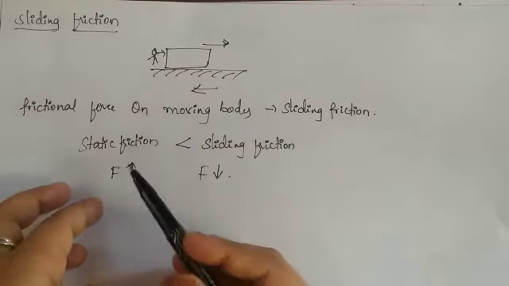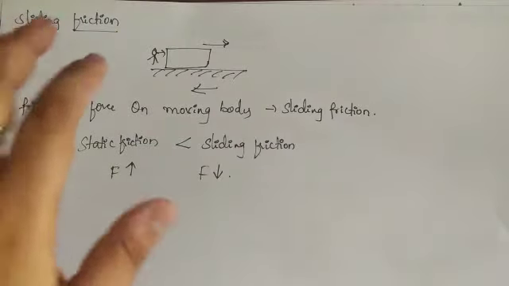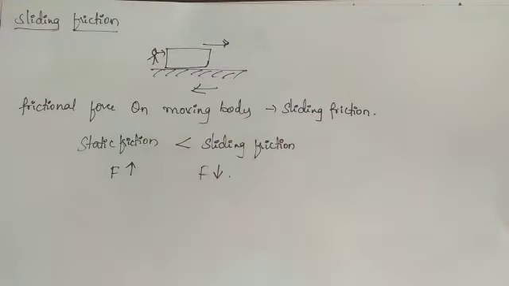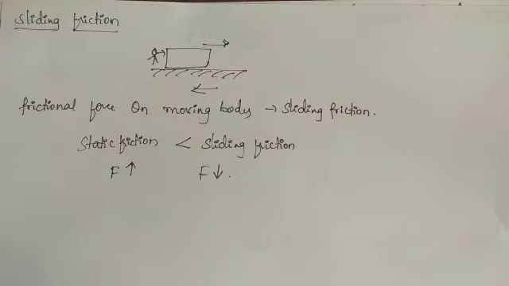So I can say static friction is greater than sliding friction. What I can conclude is that I can replace static friction by sliding friction, isn't it? If I want to apply less force instead of more force, I replace static friction by sliding friction.